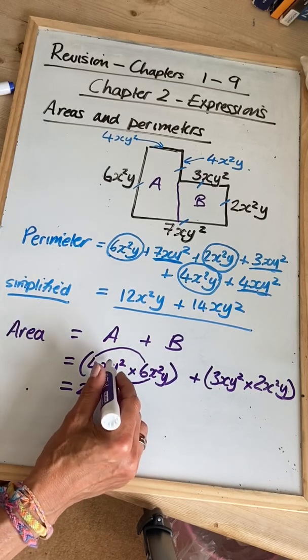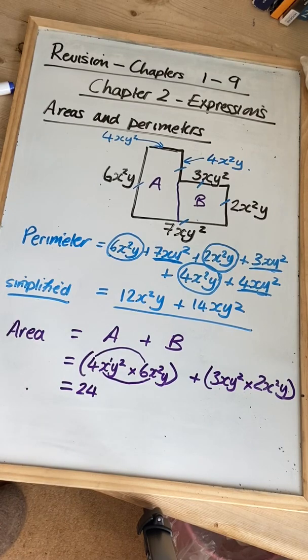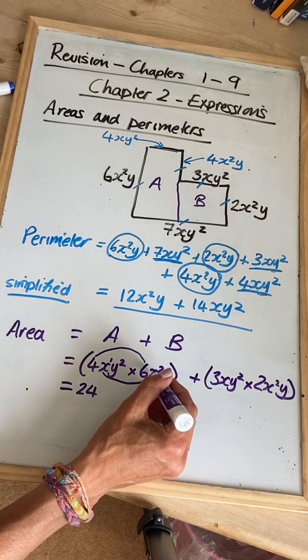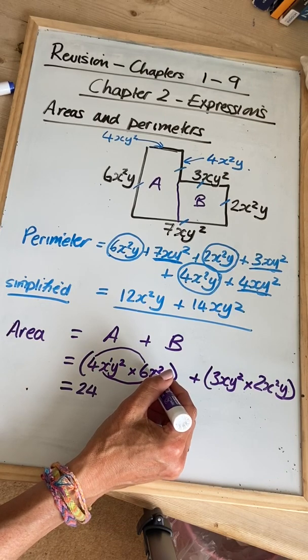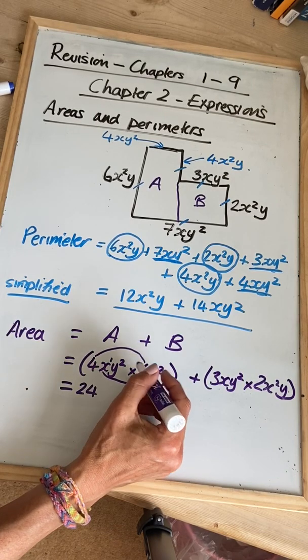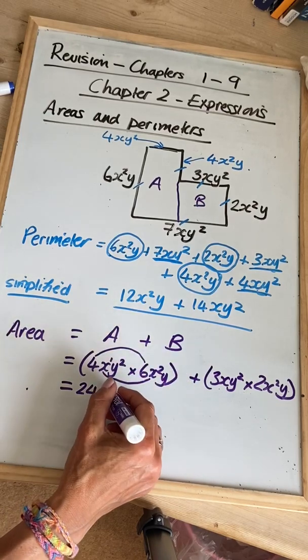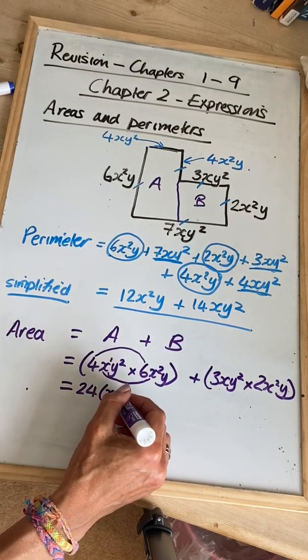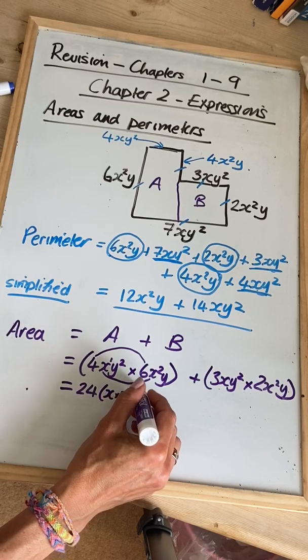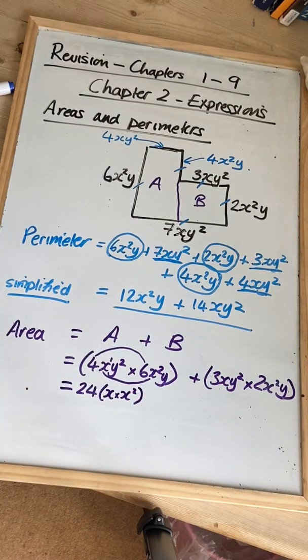We've got an x to the 1. Remember, we never write a power as a 1, but it is an x to the 1 times an x squared. The rule of the indices is that we add those powers together, yeah? Well, actually what I'm going to do, I'm going to write x times x squared just in there for you, just so you can see what I'm doing in a minute.